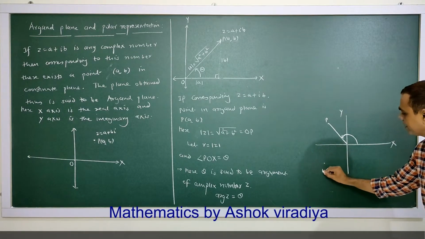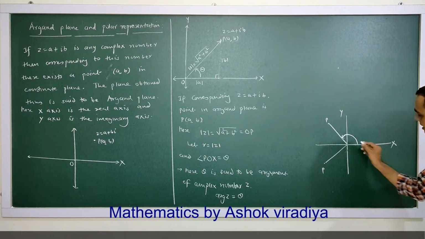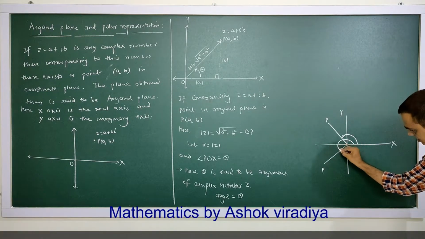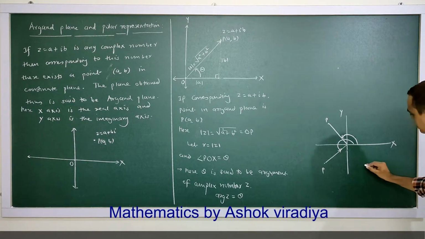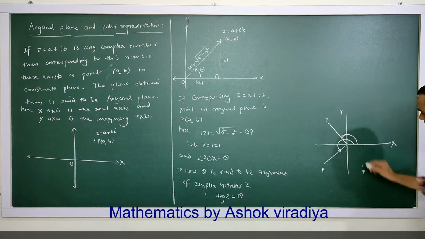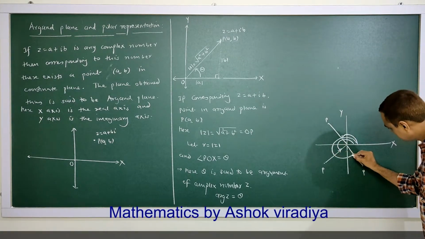If P is somewhere here, then theta can be this angle, in the third quadrant. If P is somewhere here, then theta can be this angle.